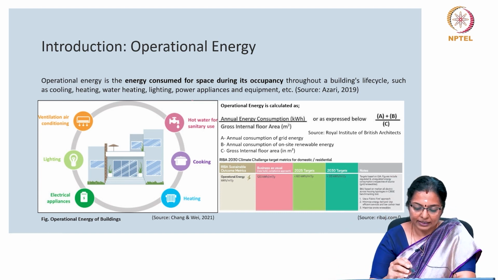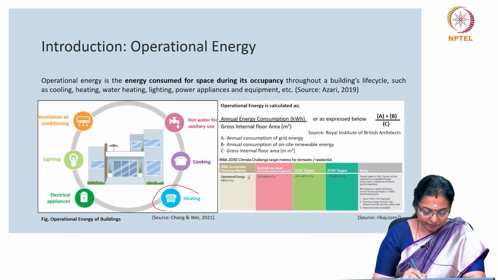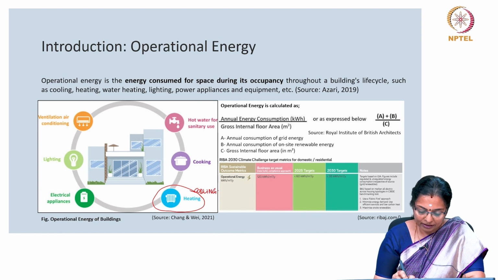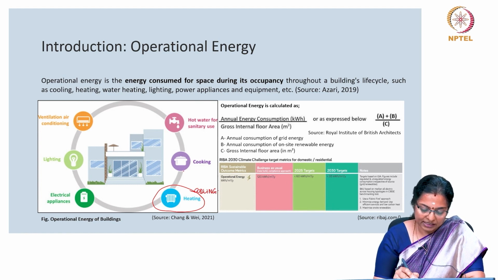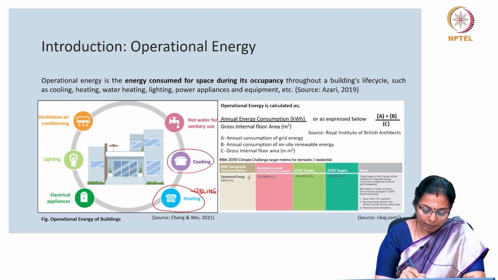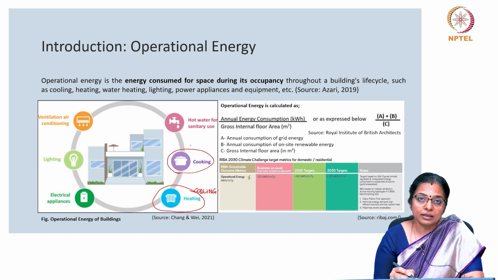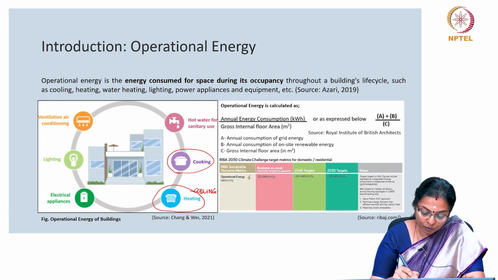So, here one can see heating or cooling depending on the climate that we live in. Heating or cooling is one. In a residence, it can be cooking. Cooking meaning the contraptions that are used for cooking.